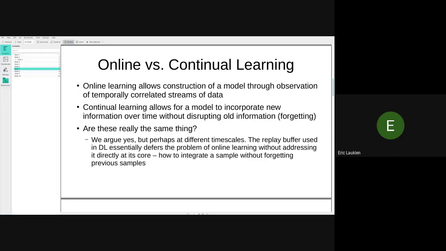You just push it in there and try not to disrupt other things. Continual learning is more broad and general, and you can have replay for part of it, and then you defer the problem of online learning to later on, and start doing pseudo rehearsal and stuff like that. But I think it's also important to solve online learning, which is solving the problem at its core without deferring it.